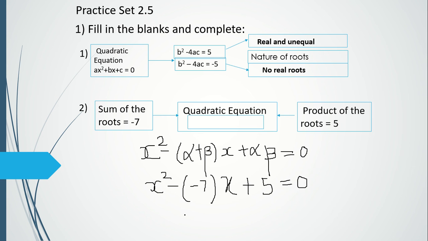Now minus of minus is going to become plus. So that's x square plus 7x plus 5 is equal to 0. This will be your quadratic equation when the sum of the roots and product of the roots is given.